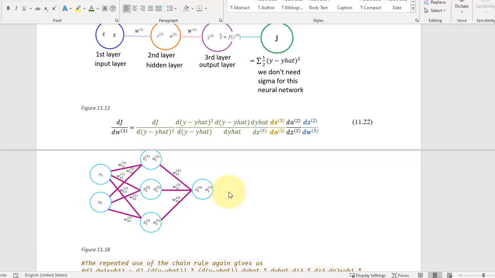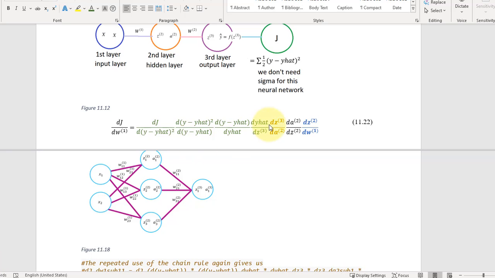So if we're going here and we want to get to here, the way that we'll go is through here, here, here, and then here. This third layer is here, and this second layer node is this one here. Whereas here we have dz3 dA2, now we have this node here instead of this node.